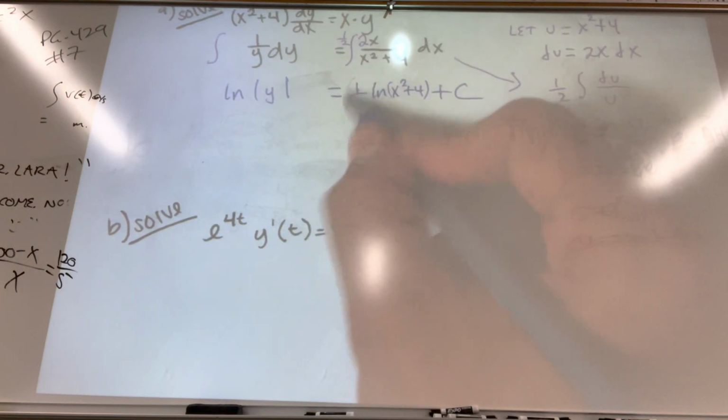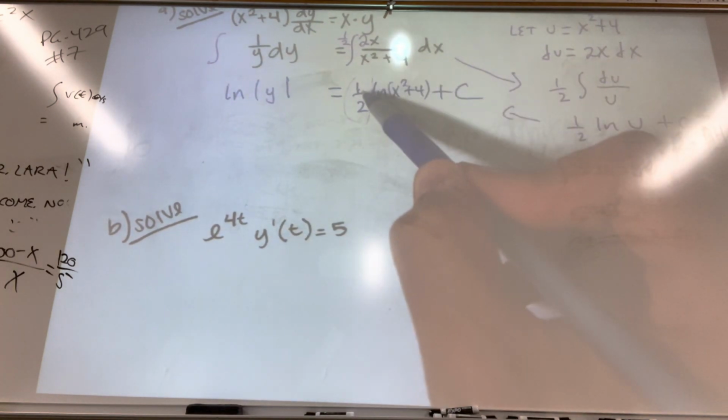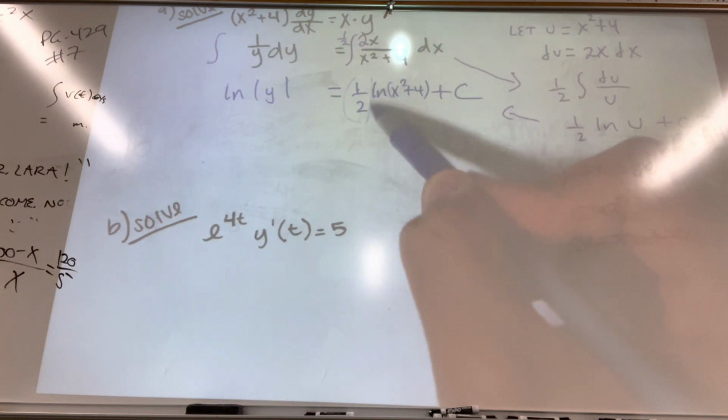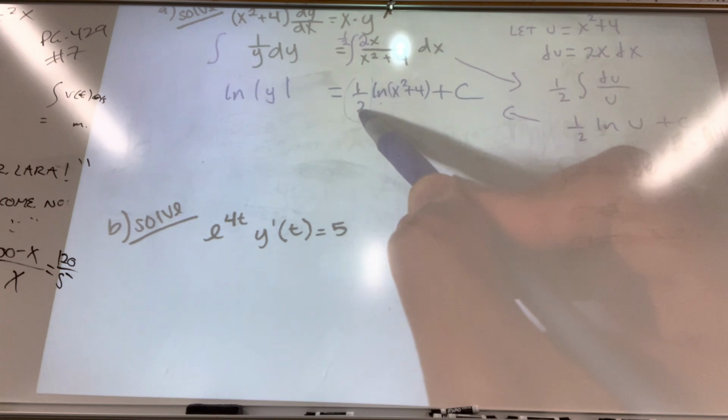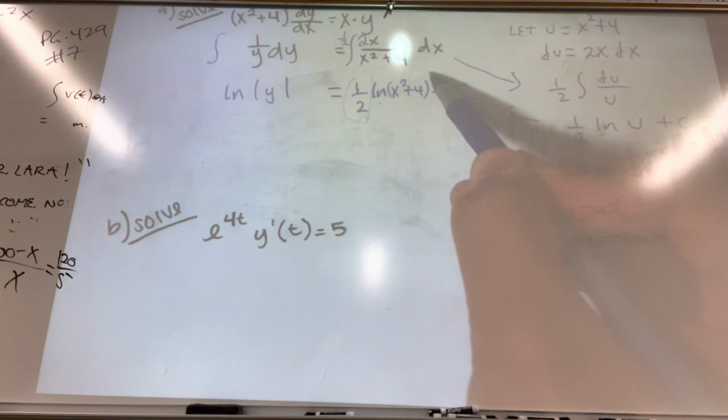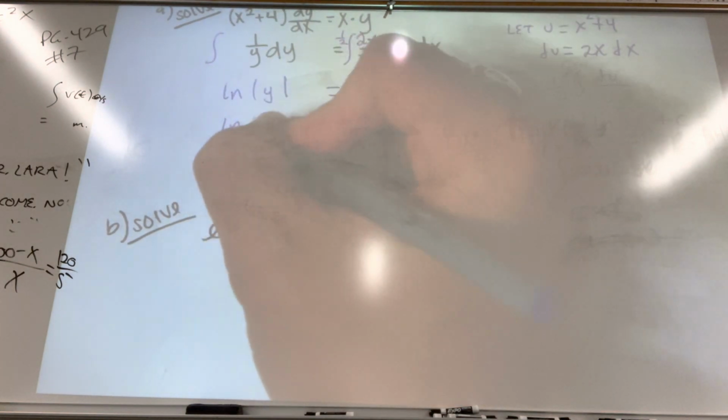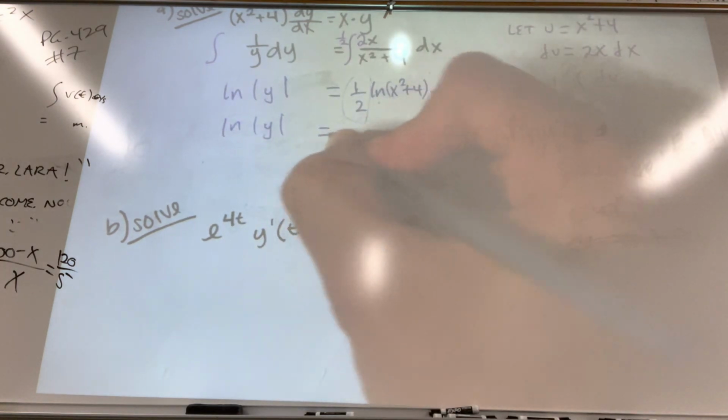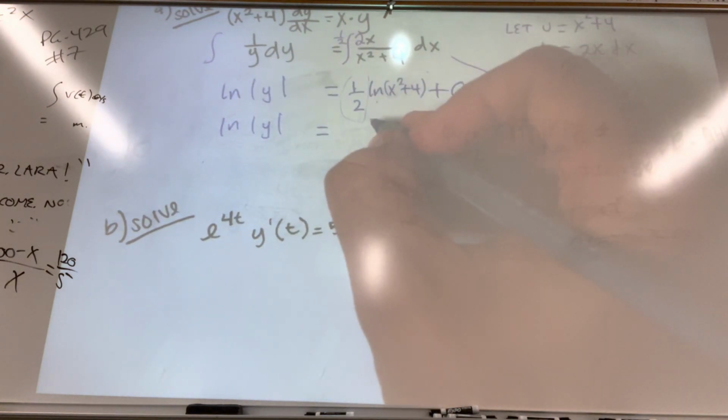What can I do to this 1/2? Where could it go if it's a coefficient of a log? Where else could I put this one? As a power. Yeah. So ln. Guys, by the way, this is all algebra now. There ain't no more calculus being done.